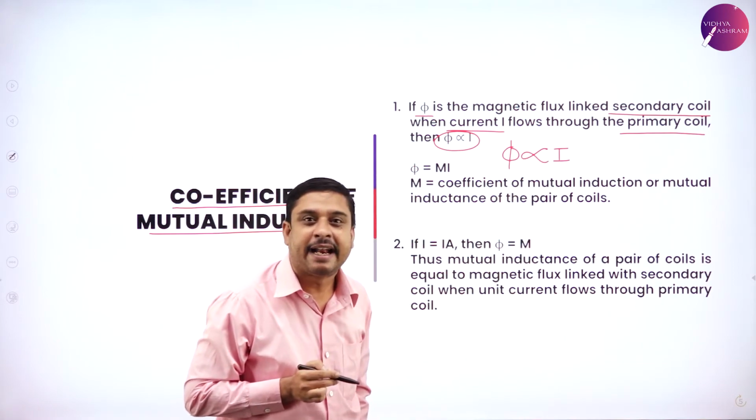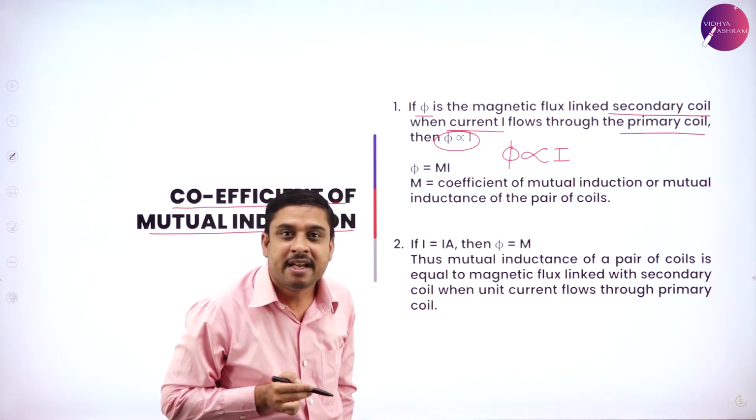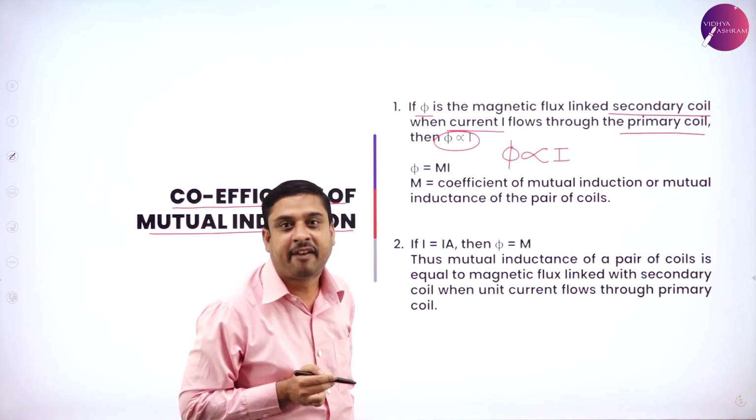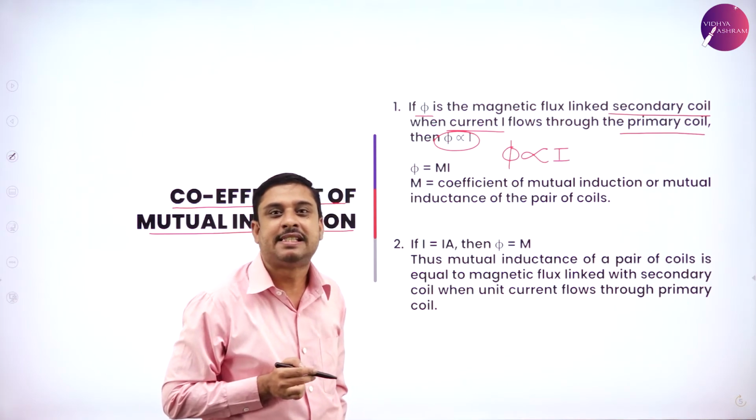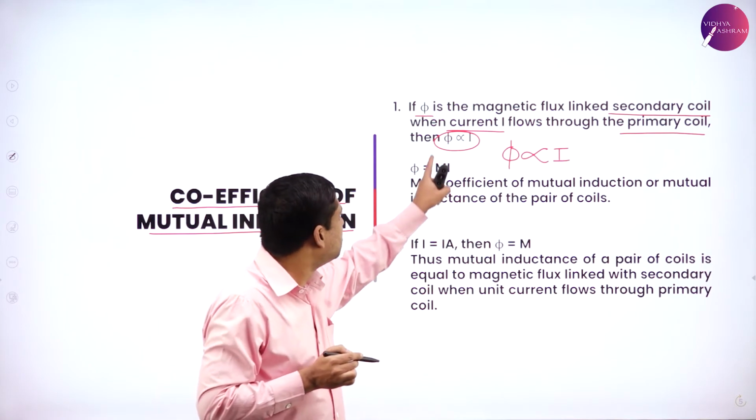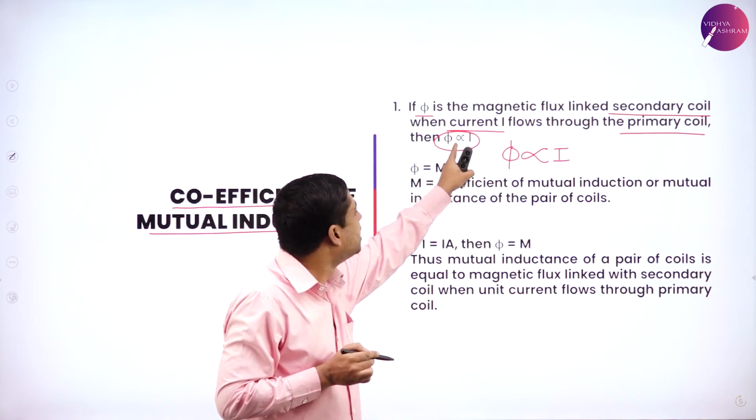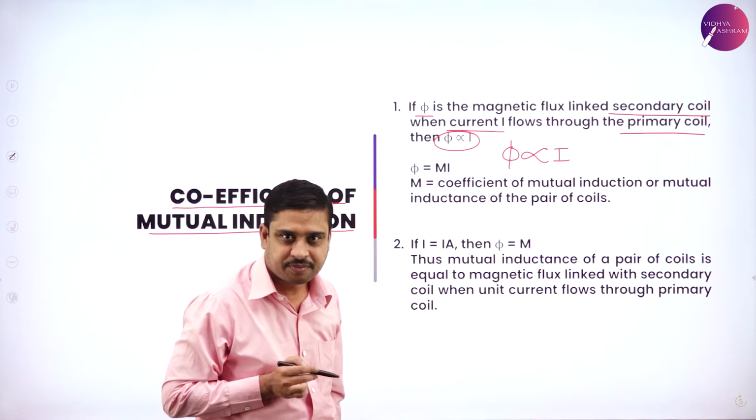Reduce the current in the primary, the change of magnetic flux across the secondary is less. So we say phi is proportional to I.